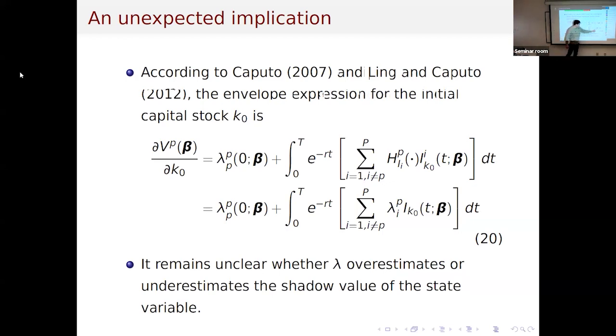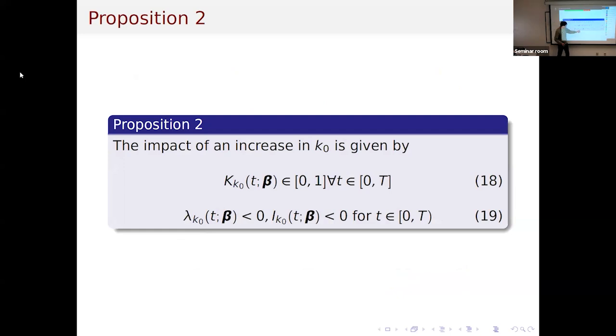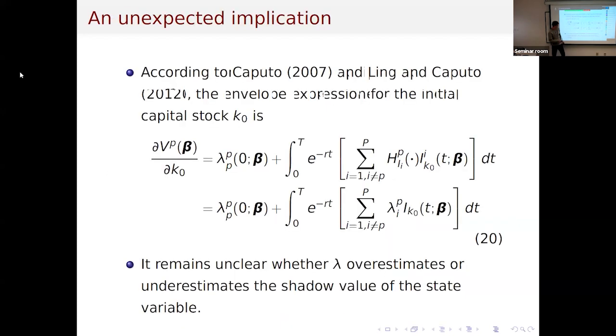So now look at this term. This is nothing but the comparative dynamics. Remember that here ik0 is less than 0 all the time. And also, if we know something about this lambda, then we can determine the sign of this term.